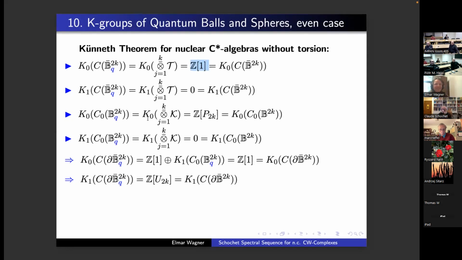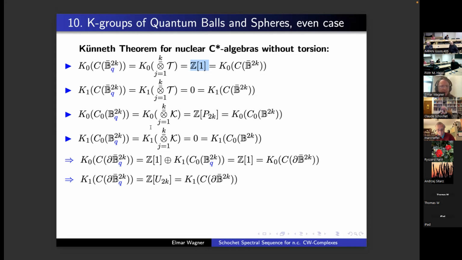And the inside, the compacts, we don't need any Künneth theorem. Compacts just give one copy of Z. We take a one-dimensional projection that generates the K0 group of the compacts. But it happens that it's the same for all even-dimensional disks or balls, open balls.